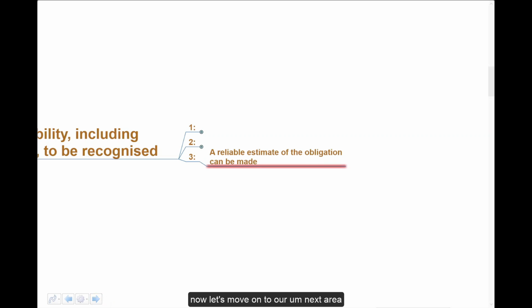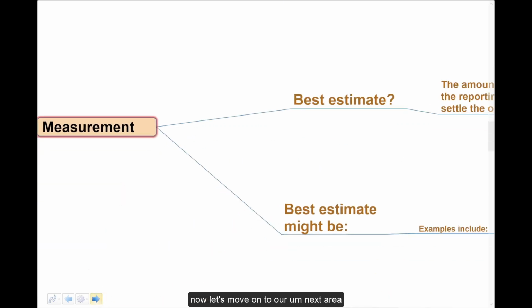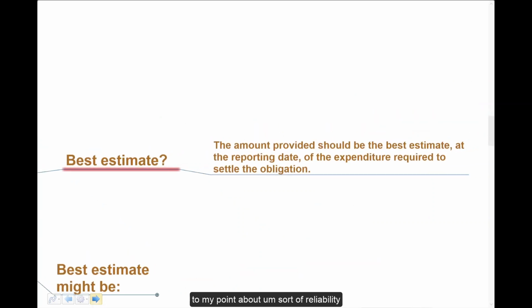Now, let's move on to our next area, which is measurement. And this goes back to my point about reliability. What is a best estimate? Well, a best estimate is really the information that we have, based on information that we've gathered, that we think, well, we're reasonably certain that this amount is a good amount. This is our best estimate.